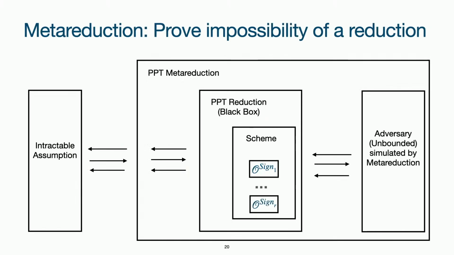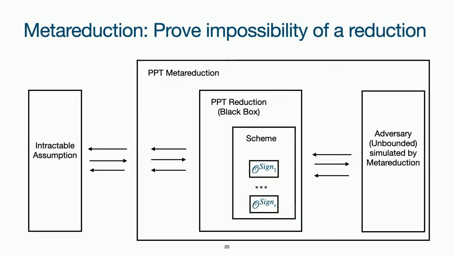And then I want to remind all of us what a meta-reduction is. We use meta-reductions to prove our impossibility result. Basically, with a meta-reduction, we assume a reduction exists, and we treat the reduction as a black box. Then we define one particular adversary, and this adversary could be unbounded.